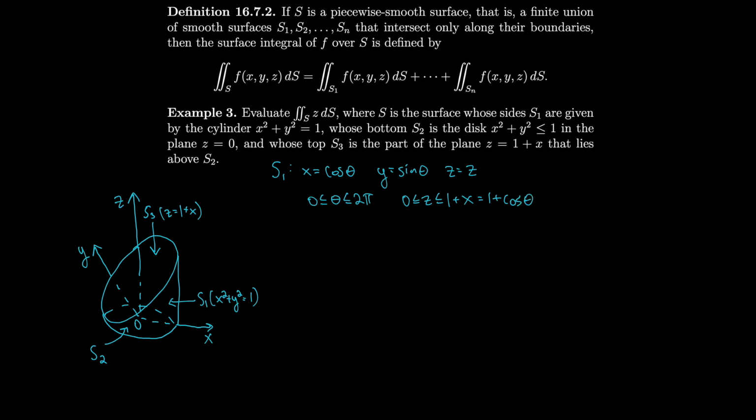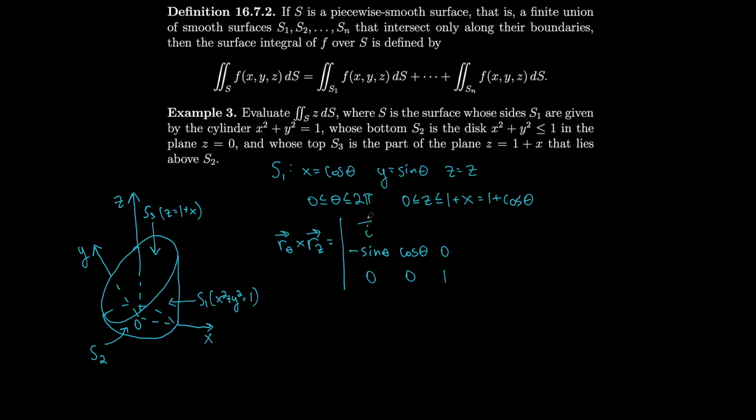So now we need the cross product so that we can get our surface area element for our surface integral. So our parameters are theta and z, so we'll take r theta cross rz. Let's see, we have minus sine theta, cosine theta, and 0 for r theta, and 0, 0, 1 for rz, because notice that both of these are 0 when you take their partials with respect to z, and this one's 0 when you take the partial with respect to theta.